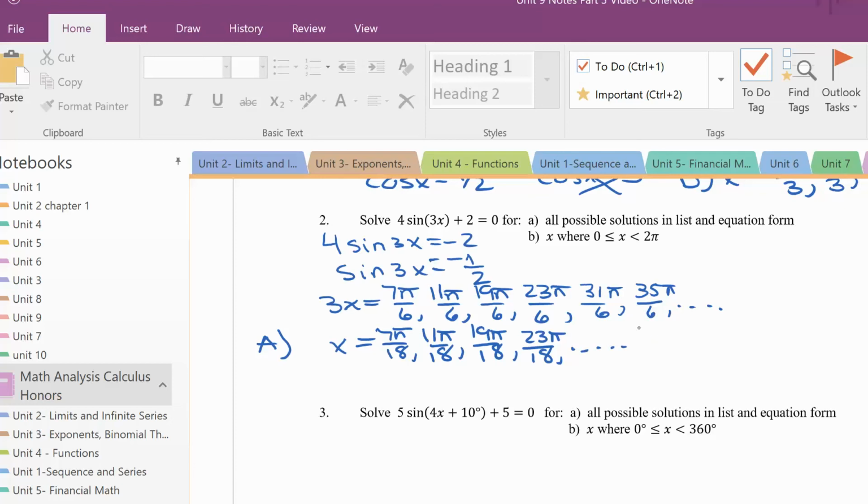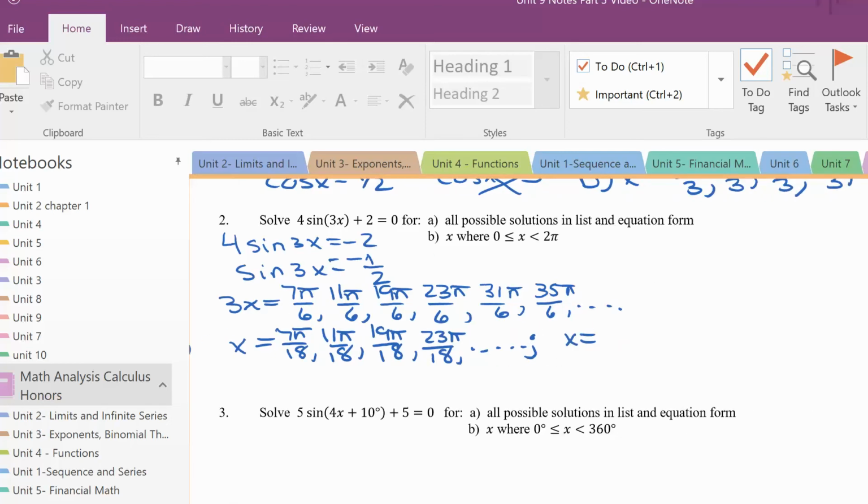Now our equation for part A would be that x is equal to, because if you looked at the top part, 3x was equal to 7 pi over 6 plus 2 pi k, where k was in Z, the integers, or it was 11 pi over 6 plus 2 pi k, where k was an integer.